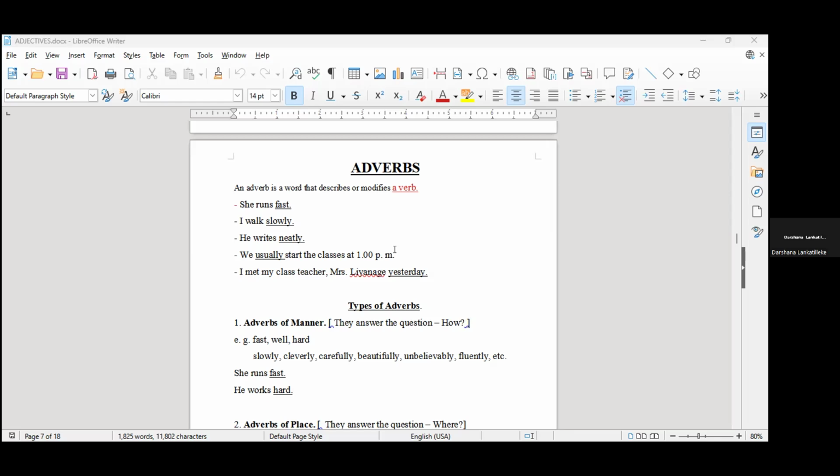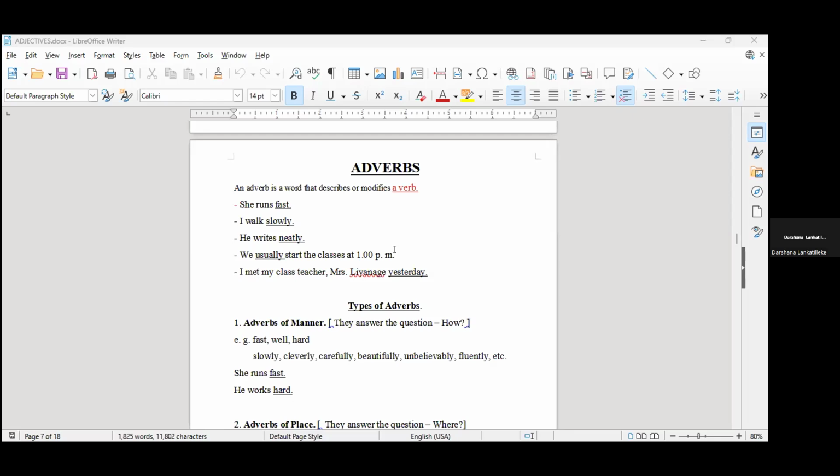Look at the next one. It's quite different from those things. We usually start the classes at 1 p.m. Start is the verb here. Before start, that adverb is used, right?